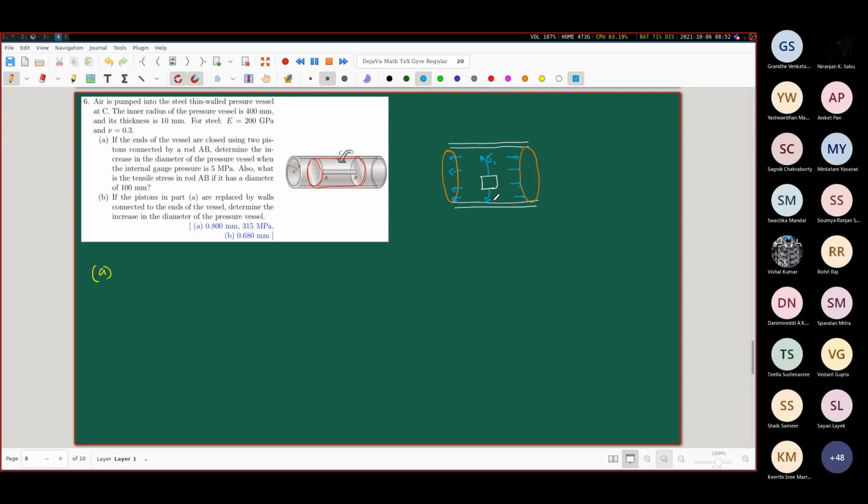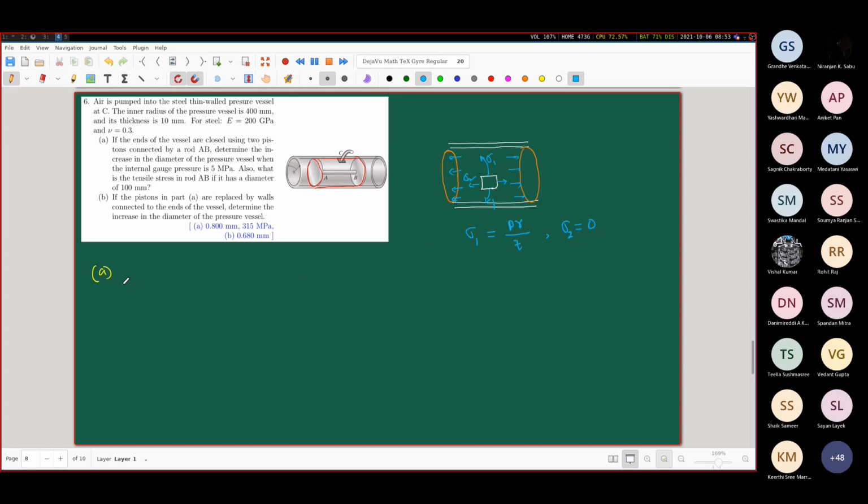But my question was, will you have any sigma 2? Sigma 1 is definitely PR by T. But what about sigma 2? Sigma 2 is actually going to be equal to 0, because the responsibility of the longitudinal direction is completely taken over by these two pistons, not by the longitudinal direction of this steel vessel.